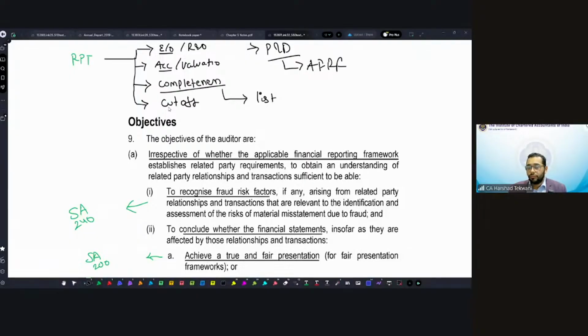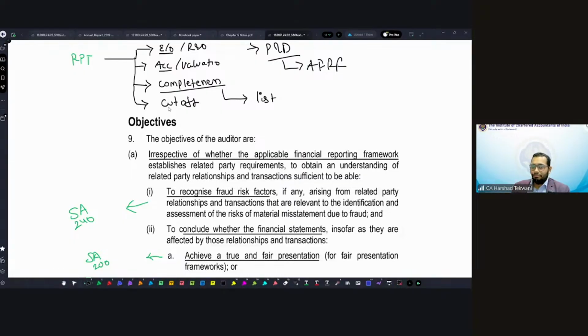Sir, we will do the inquiry with the management. Like for example, if you go to management and ask, is there any related party transaction not disclosed in this? Do you think they will say yes? No. So inquiry. We will get written representations from the management then.